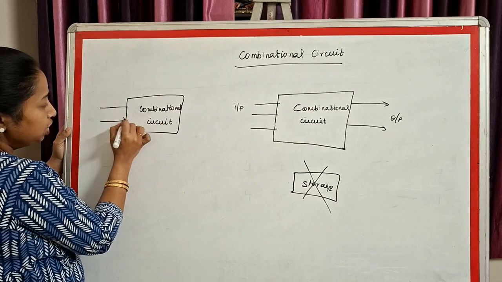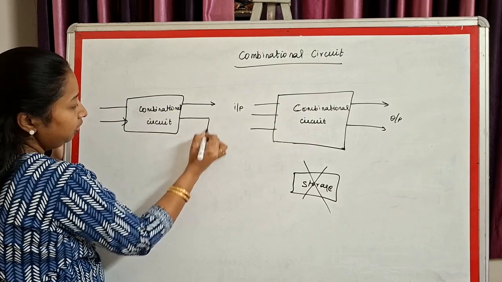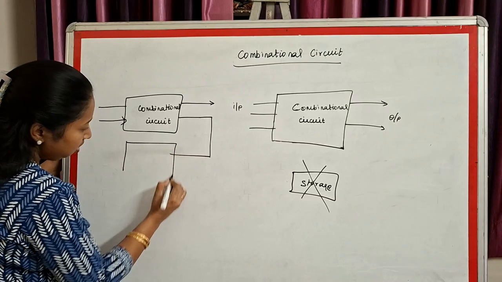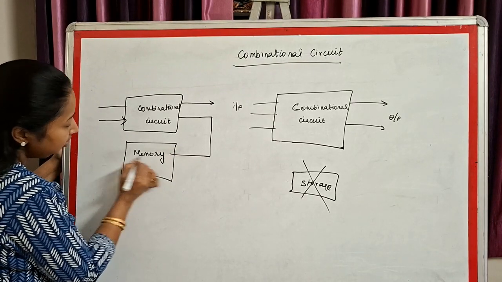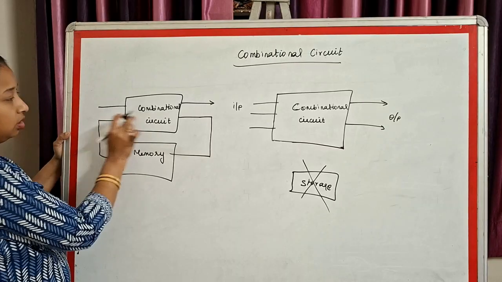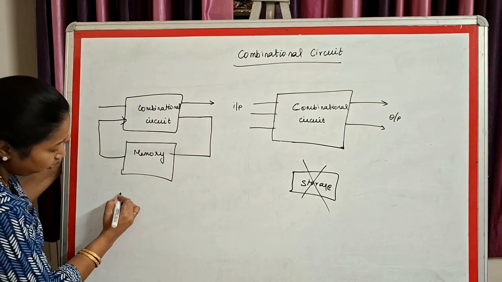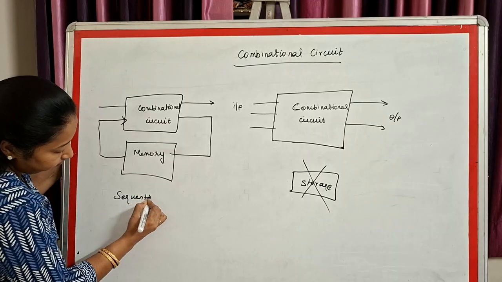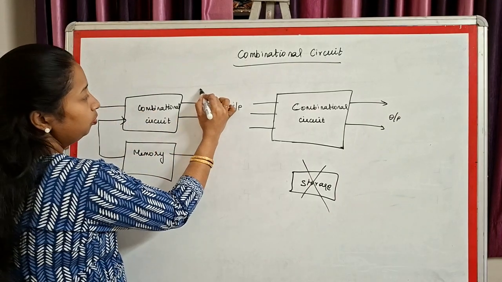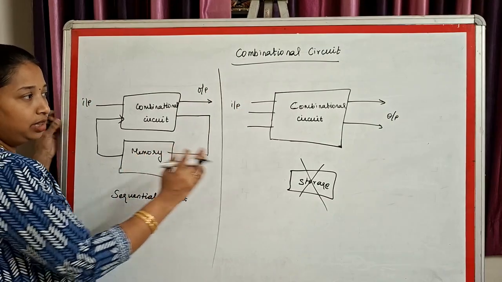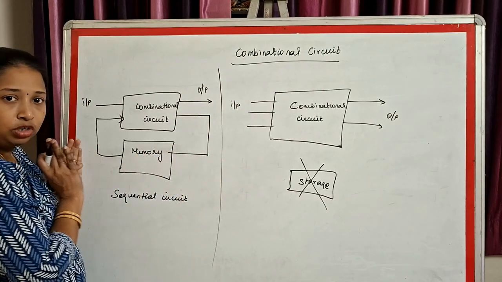In the same circuit, when a portion of the output is stored in memory and this is fed back as input, then this circuit is called a sequential circuit. This is the input and this is my output. Did you get the difference between a combinational circuit and a sequential circuit?